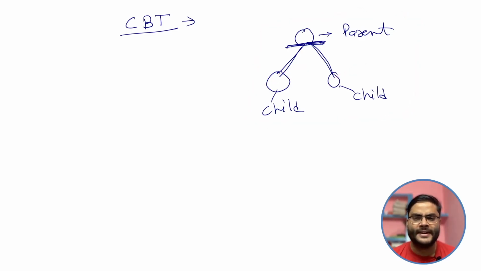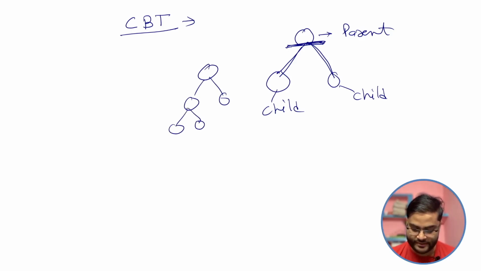Now what is a complete binary tree? It is a kind of binary tree in which at all the levels we have two children, like this. At every level we have two children. It has two children, this and this. It has two children, this and this. It has two children, this and this.